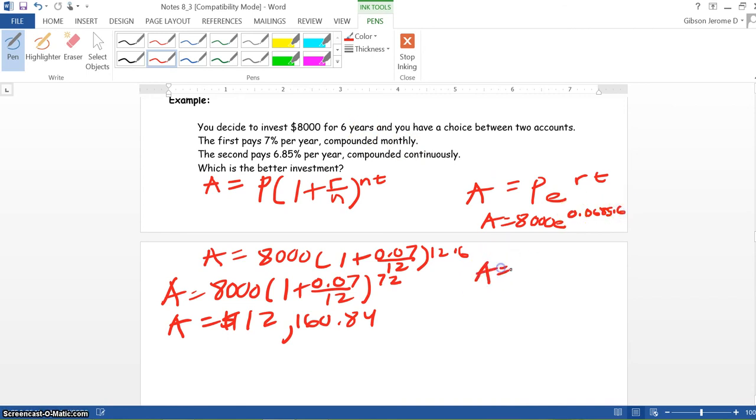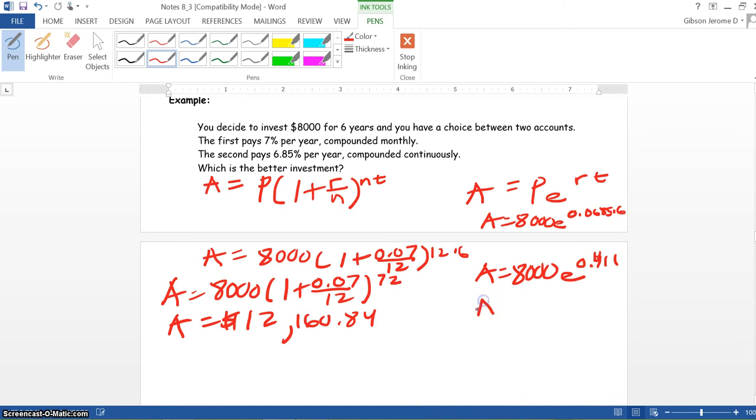So now we will have A is equal to 8,000 e, and then we would take that to the power. Actually, it'd be easier if we just went on and put this in a calculator and solve. Put 8,000 times e to the 0.0685 times 6. Now remember, you have to multiply this first, and that will become your exponent. So I'll just go on and write that out. That'll be A is equal to 8,000 e to the 0.411 power.